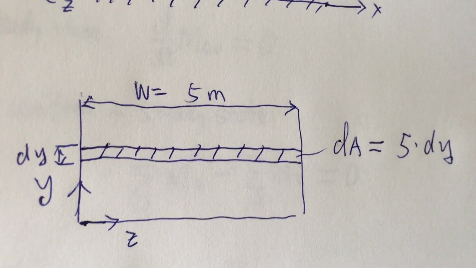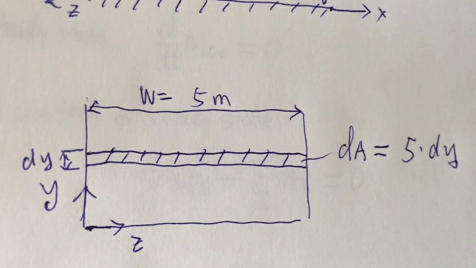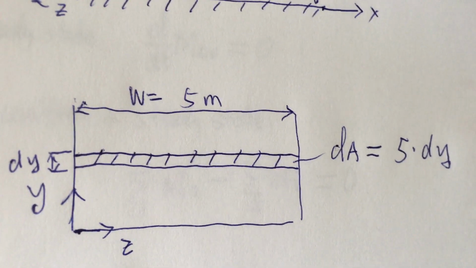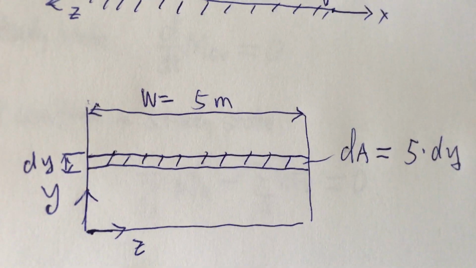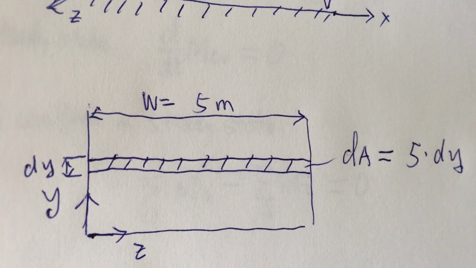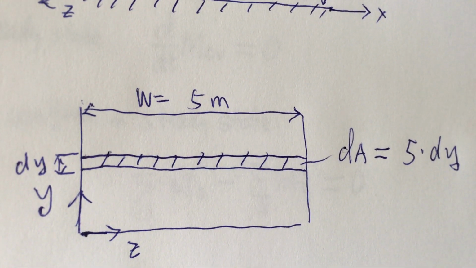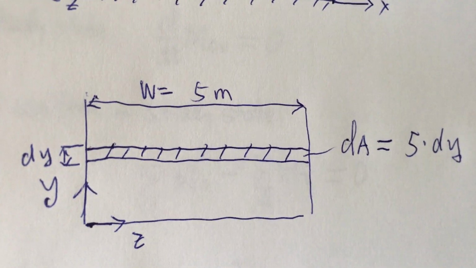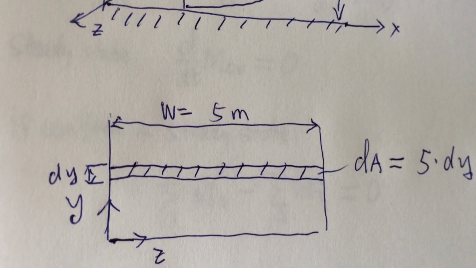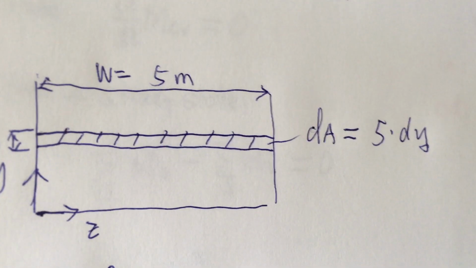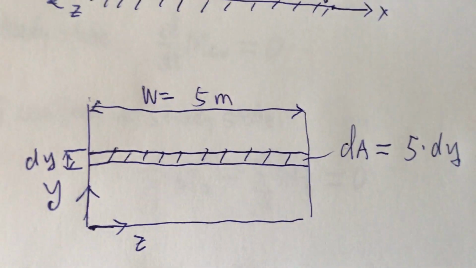So the expression for dA is the width of the channel, which is 5 meters, times the height of the bend, which is dy, right? So dA equals 5 dy.